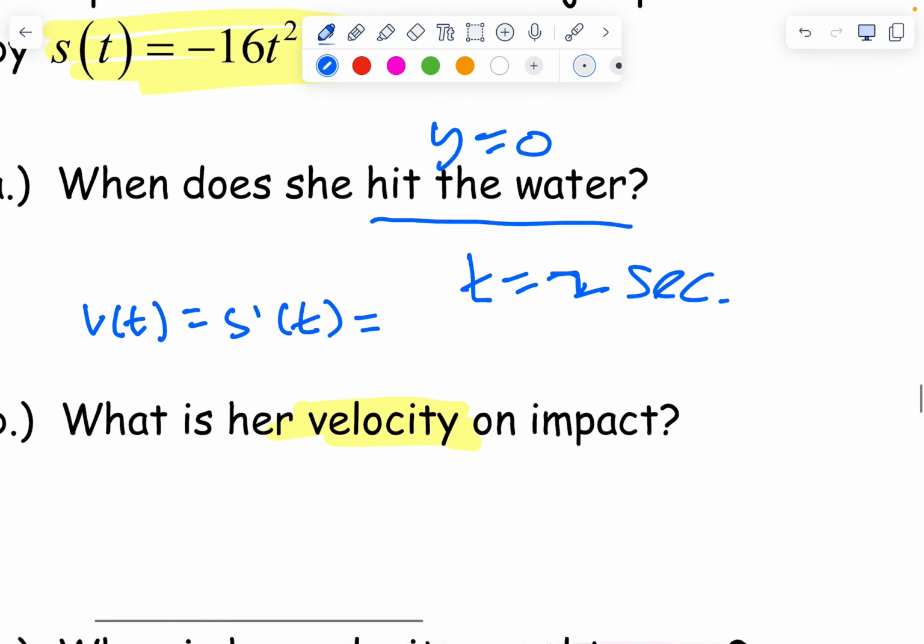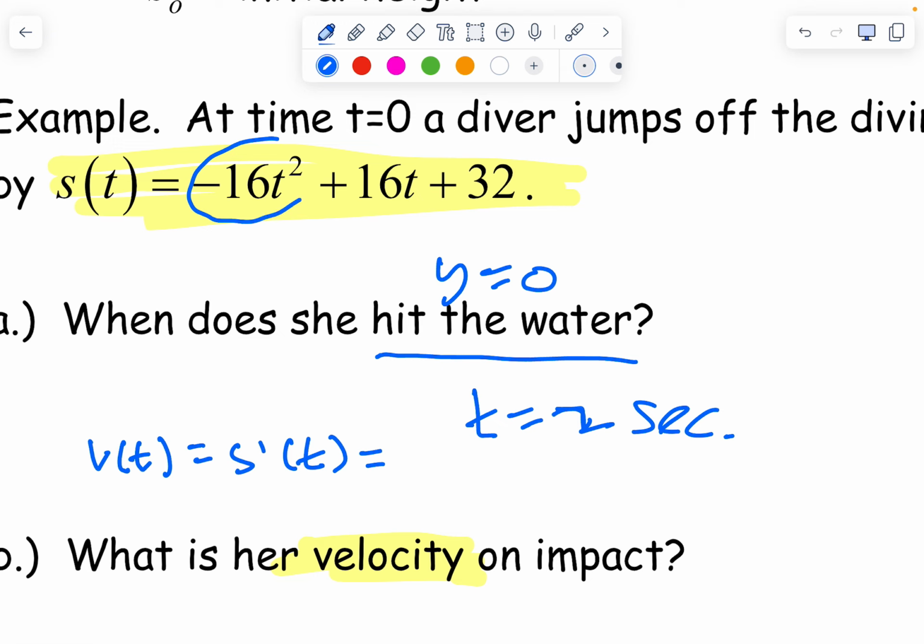So then, let's go ahead and derive it. What is negative 16 times 2? Negative 32. And then we have just t, the understood one. What about just 16t plus 16? Good so far? Okay? But it says, when does it hit the water?